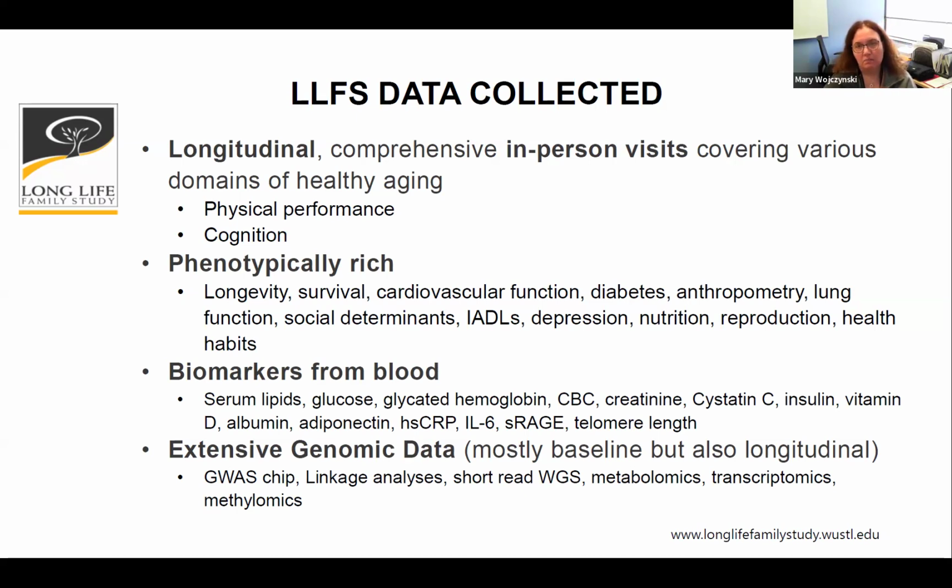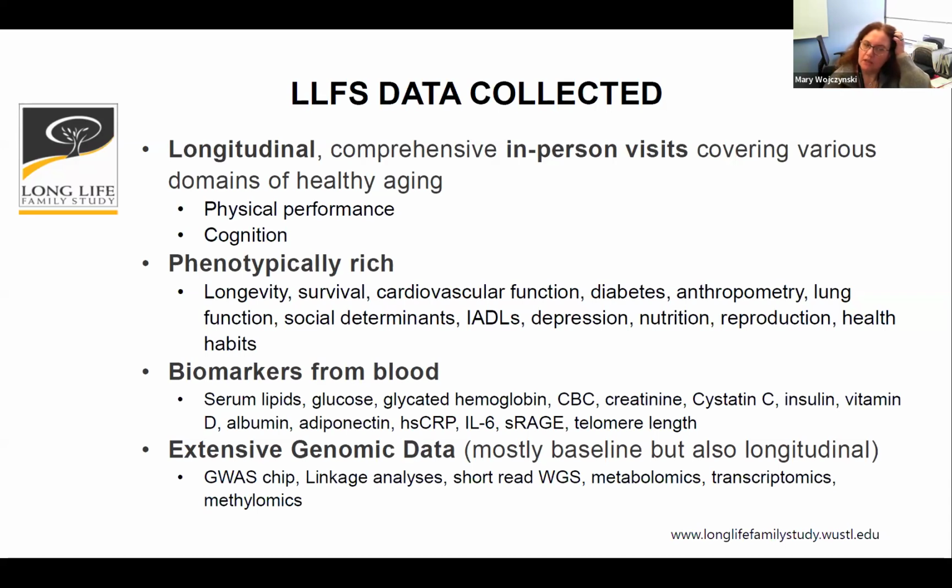Additionally, we have a lot of biomarkers from blood that we've assayed. So we have serum lipids, glucose, glycated hemoglobin, a complete blood count, and most of these are done at every visit. Some are visit dependent. We also have markers of inflammation like C-reactive protein and interleukin-6, and telomere length, looking at longevity.